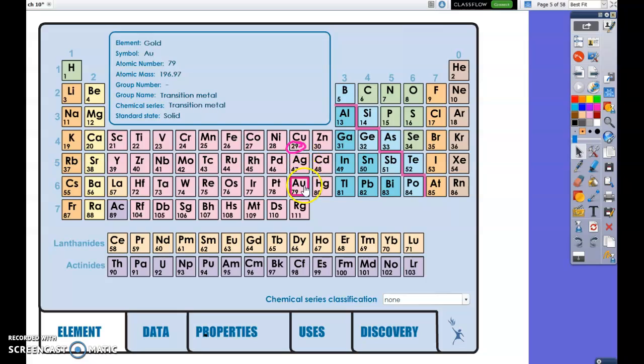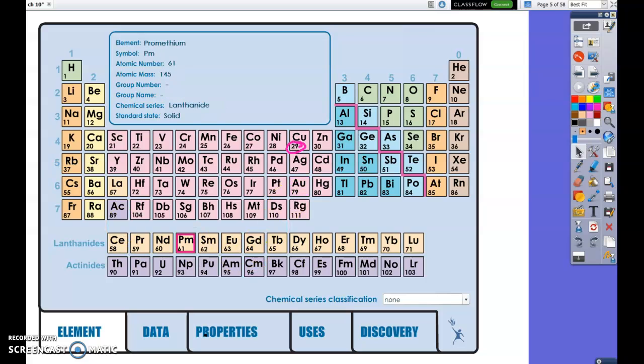So finding gold on the periodic table, element number 79. So it has 79 protons, 79 electrons, and look at the molar mass. Oh, I have to stay on here. The molar, or the atomic mass, is 196.97. If it's really close like this, we can round this to 197.